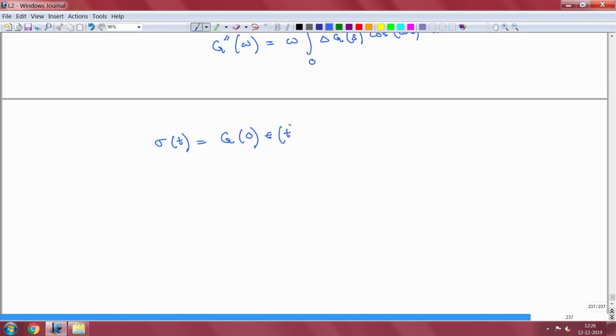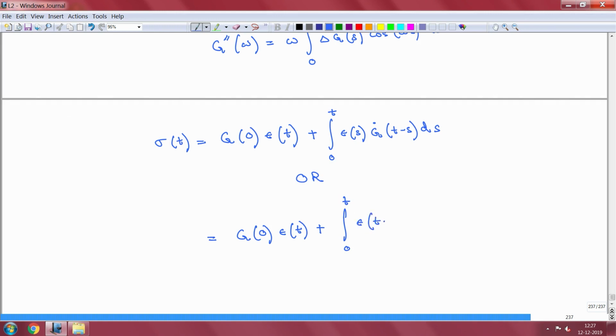And we know that the stress can be written in this particular functional form if the stress relaxation function is known, and this is equivalent to integral 0 to t, where you can switch between these two terms. So, okay, let us use this formulation.